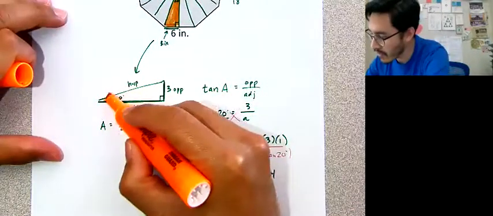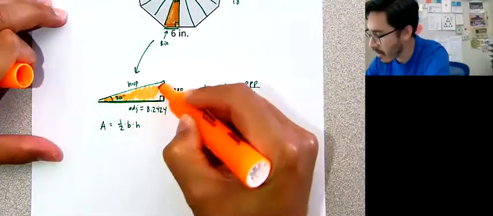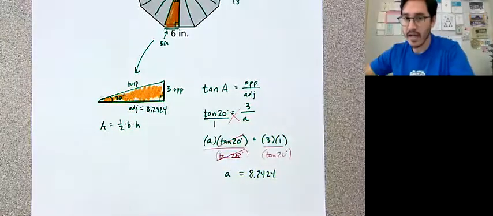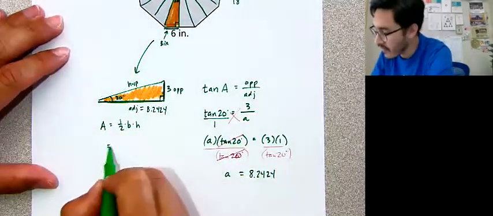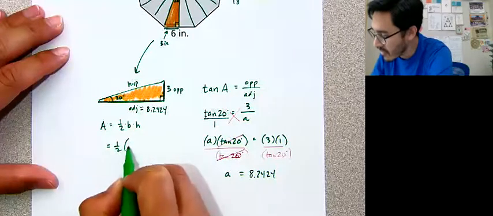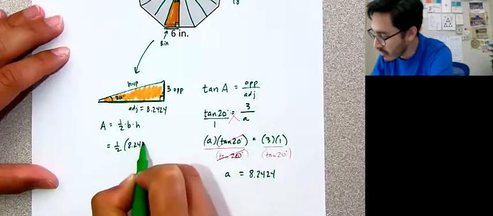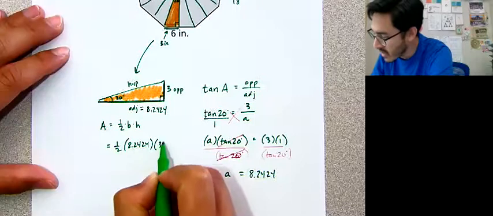Why don't I color code it now? Okay, and its area is 1/2 times its base times its height. So 1/2 times 8.2424 times the height of 3.